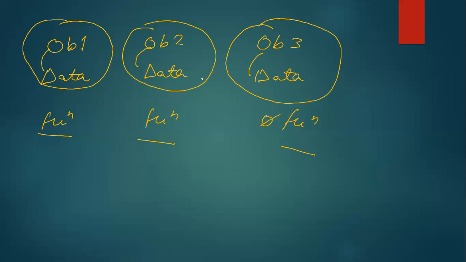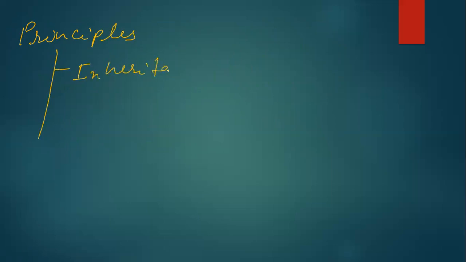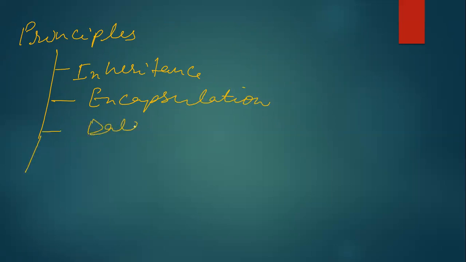Now this OOP has some principles. First one is inheritance, second one is encapsulation, third one is data abstraction, and fourth one is polymorphism.